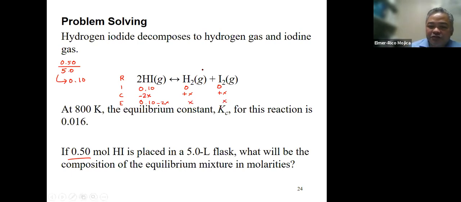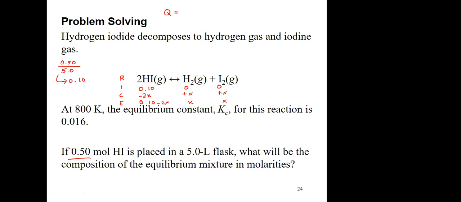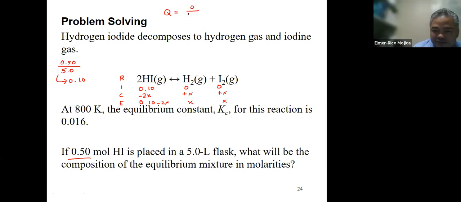Now, before we solve for the concentration of each species, what do you think is the Q value? Anyone can determine the Q value? Q value will be less than 0.016. Could it be just 0?